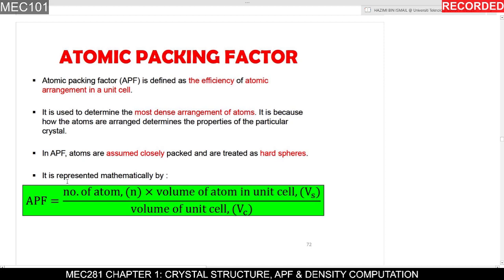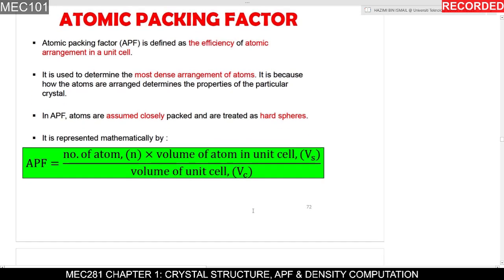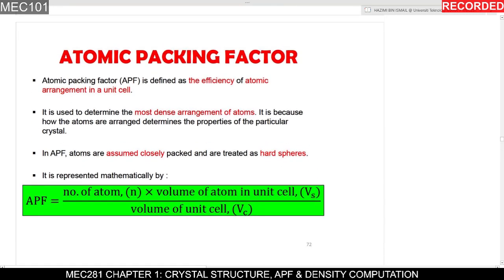Okay, this is how many atoms times the volume of atom in a unit cell, the symbol Vs, per the volume of unit cell, Vc. Okay, so from the value of APF, we can predict the properties of that element.